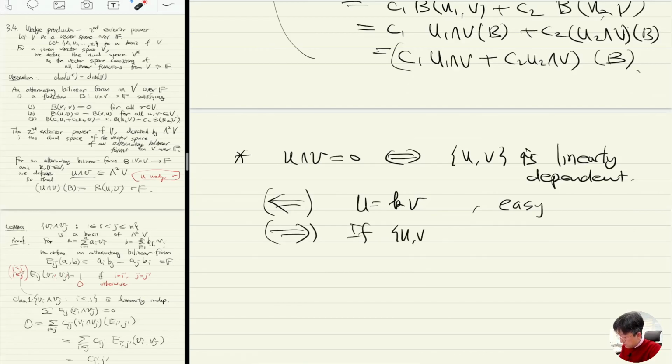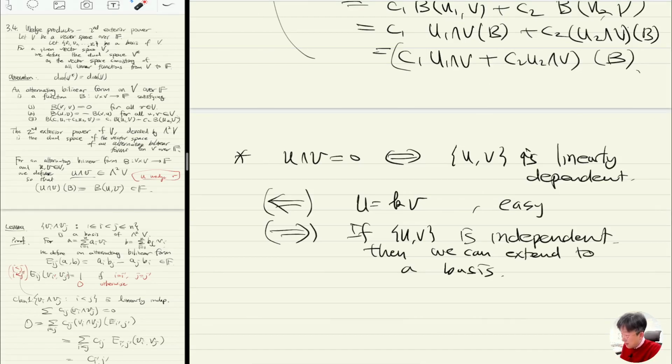If u, v are independent, then we can extend to a basis, right? So then u wedge v is non-zero.